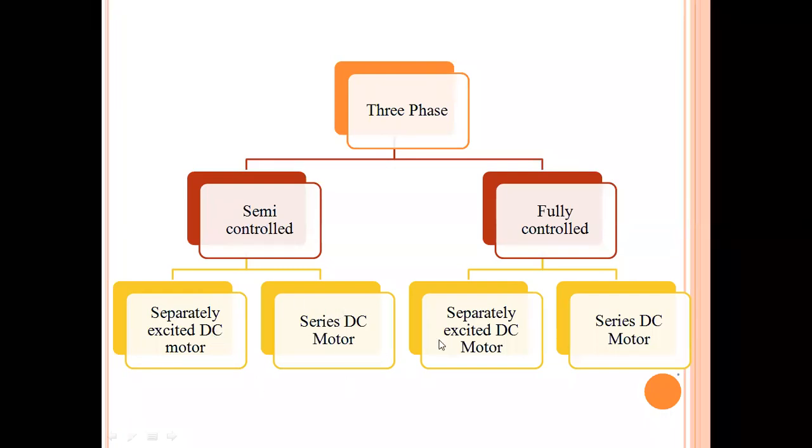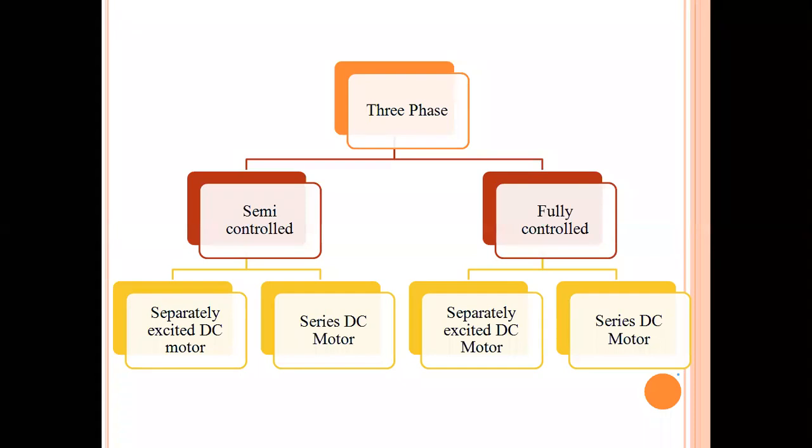So here also we are having four topics: three-phase semi-controlled separately excited DC motor, three-phase semi-controlled series DC motor, three-phase fully controlled separately excited DC motor, three-phase fully controlled series excited DC motor. So these are the 8 topics that have been given in your unit number 1. This classification is based on your syllabus. So totally first unit contains 8 topics, 8 SMR questions, we can say.